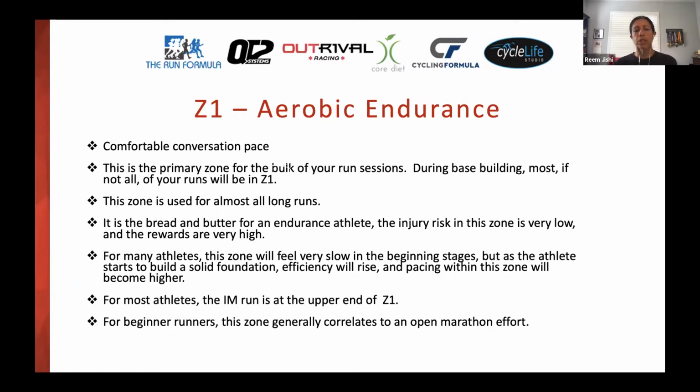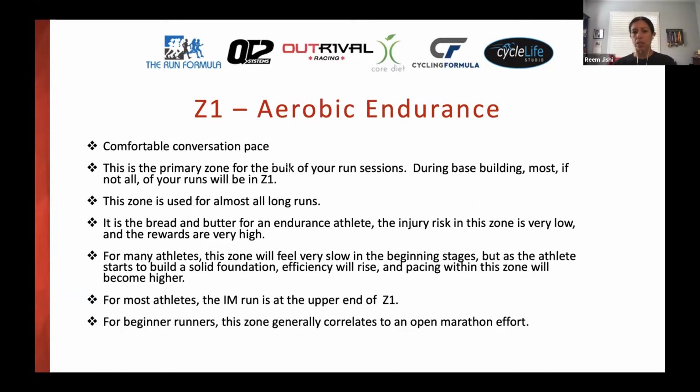And then aerobic endurance, Z1. You see this constantly in your workouts, right? This is by far the most common run, especially in your base building. You might only see these runs for 12 weeks on your schedule, and they're really important just to build your aerobic efficiency. At the beginning, as you start running, especially if you've been off for a while, you might say, oh my God, I can't believe I'm running this slow.